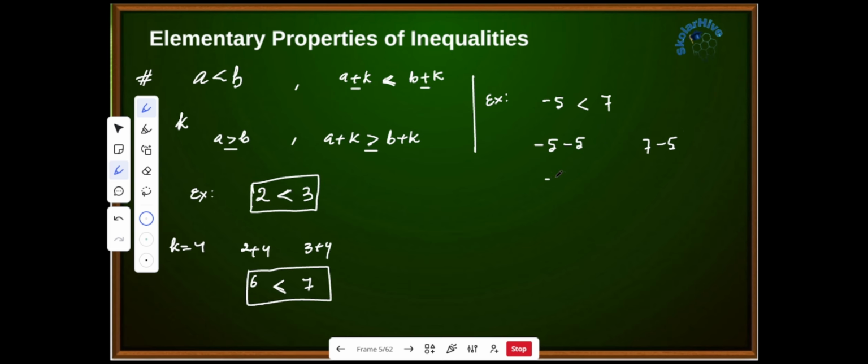So minus 5 minus 5 is minus 10 and 7 minus 5 is 2. Here minus 10 is less than 2. So by doing the same operation on both sides, we got an inequality with the same sign. So just keep it in mind, whenever we are doing additions or subtractions on either side of the inequality by the same quantity, it does not change the sign of the inequality.